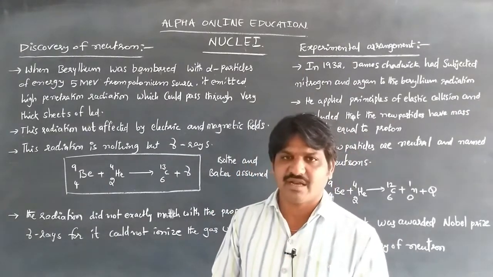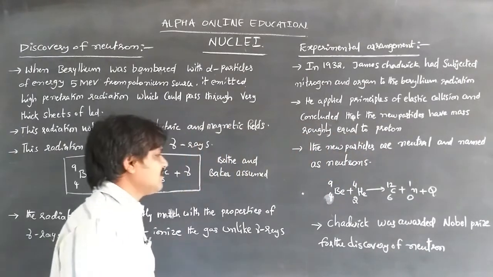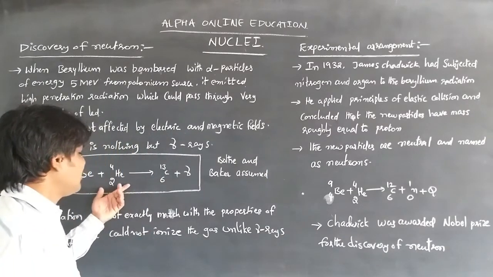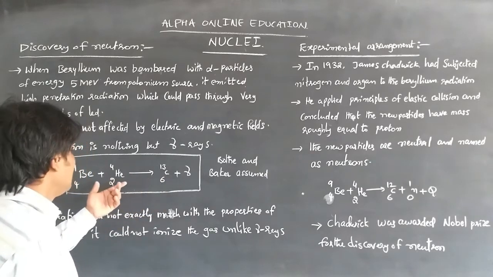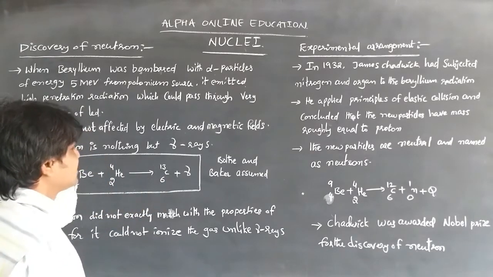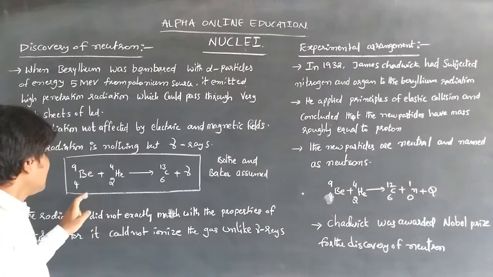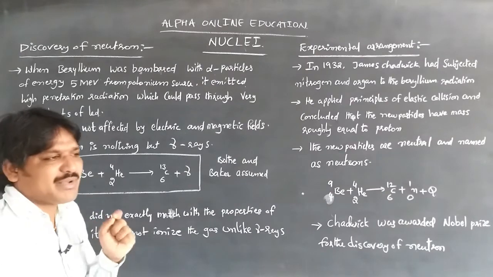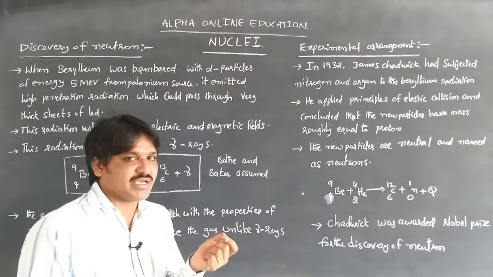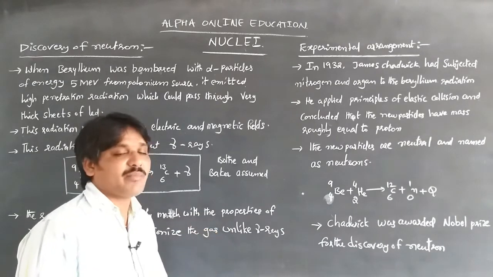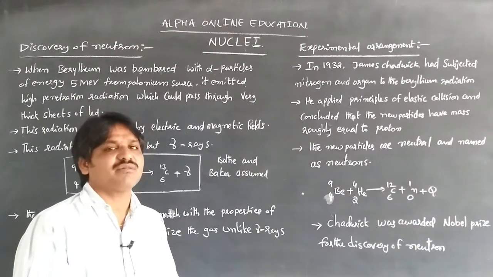But the properties of gamma rays did not match the beryllium radiation emitted in this experiment of Bothe and Becker. So the beryllium radiation is something more than gamma rays.